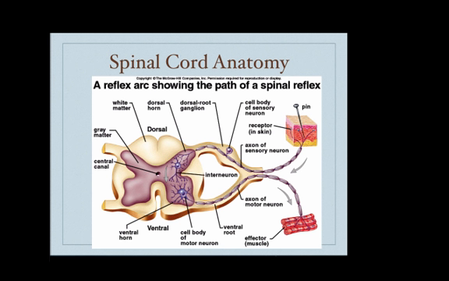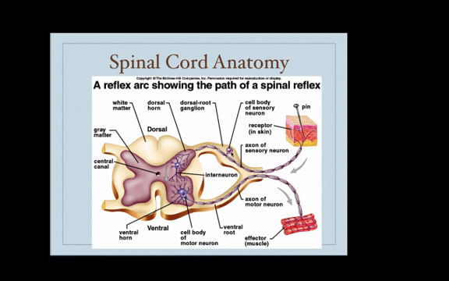If we look at this picture, it actually shows us where the cell bodies of the neurons are and where the axons are. So this is a picture of a spinal reflex, meaning that the spinal cord is the integration center. The signal is not going all the way to the brain. We can see that a pin is poking the pain receptors here, and that information is being carried in through the spinal nerve.